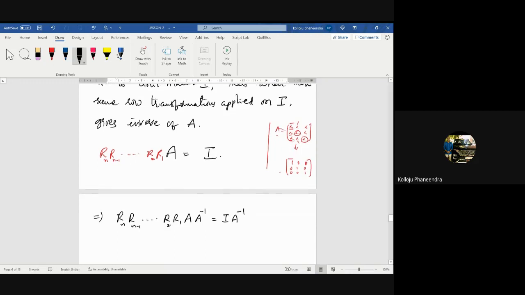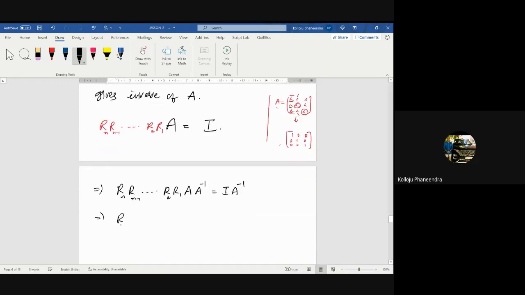Then what does this become? The same row operations, Rn ... R2, R1, A into A inverse is I into A inverse, which is A inverse. That means these are the row operations; if I apply the same row operations on I, it gives A inverse. Okay, this is the property.